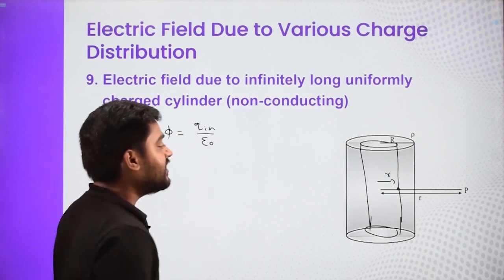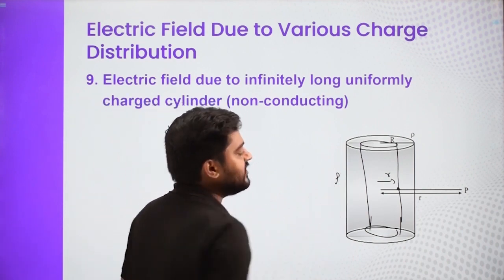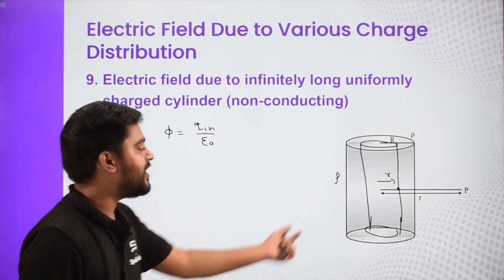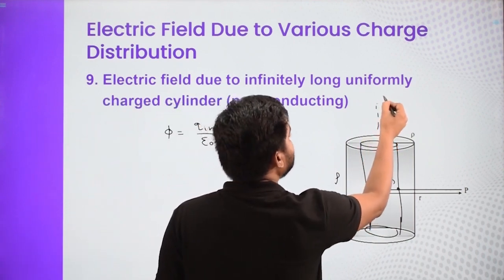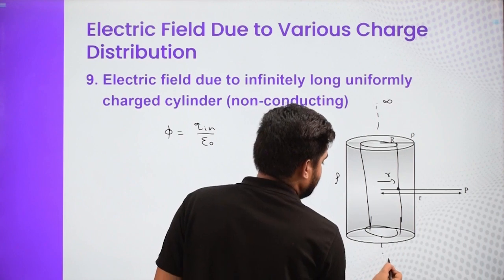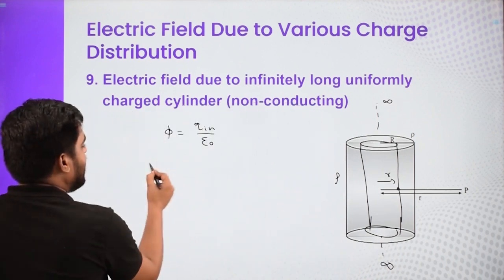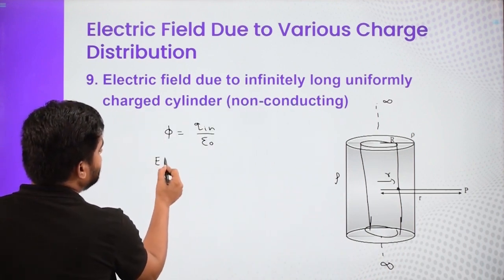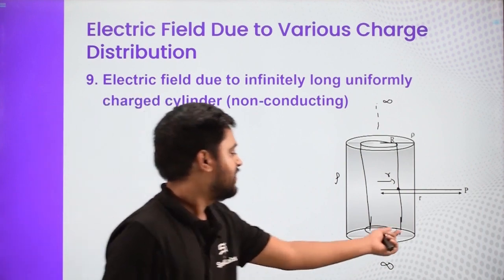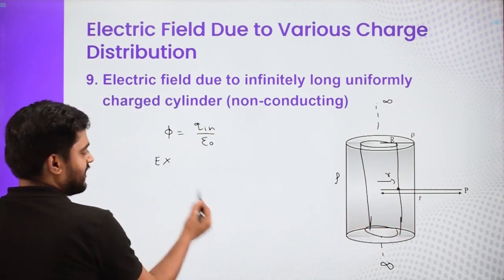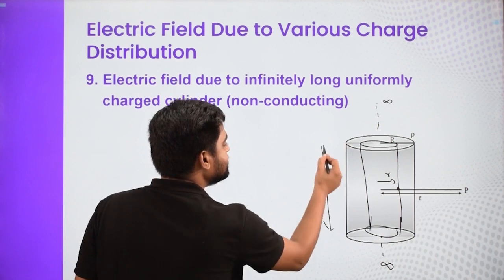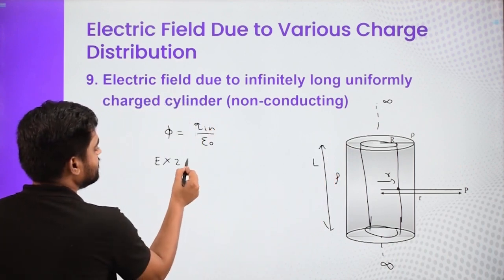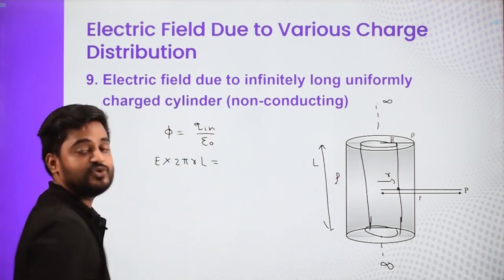And here the volume charge density is rho, like charge per unit volume is my rho, and the cylinder extends all the way up to infinity in both directions. So now I am going to write flux is nothing but E into, what is the area? Area is 2 pi r L, assuming that this length is L, is equal to charge inside.